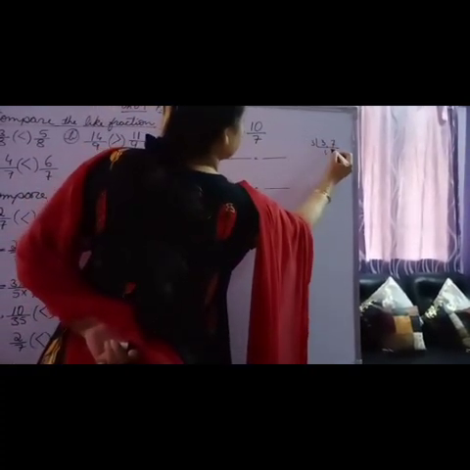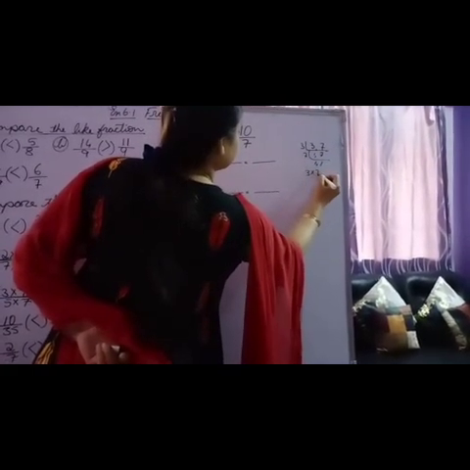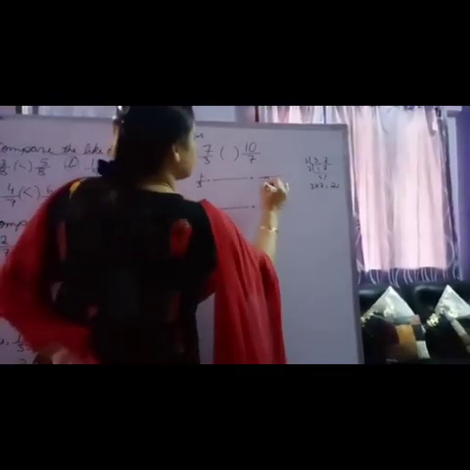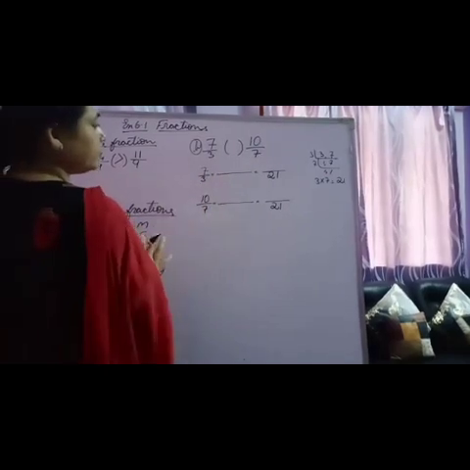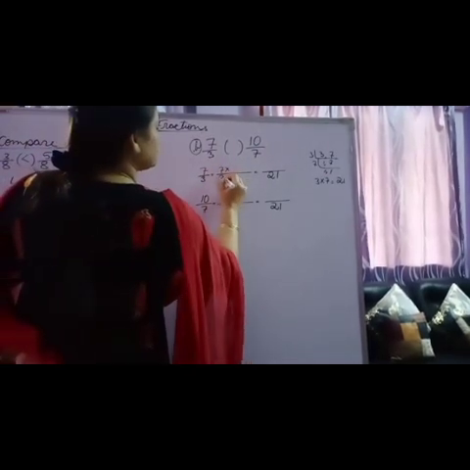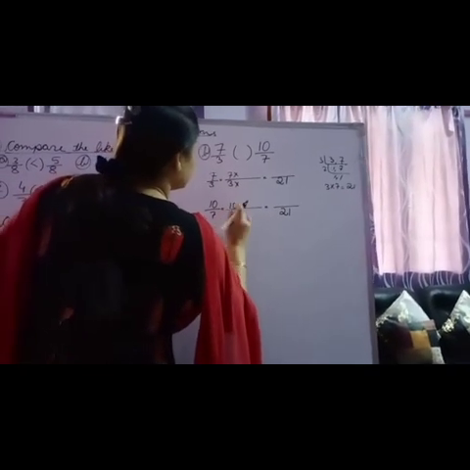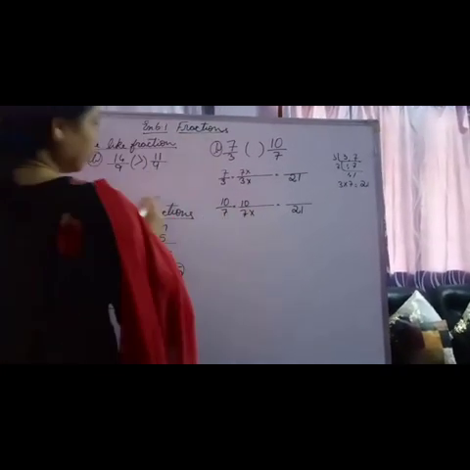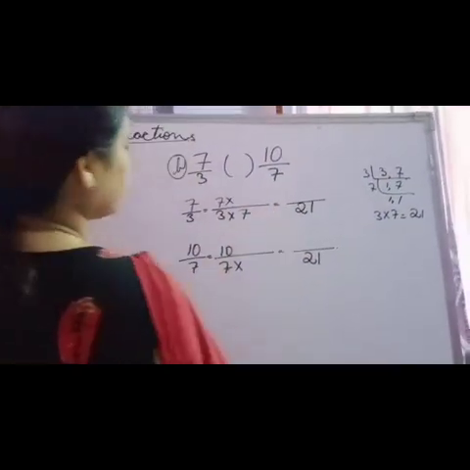These are again prime numbers, so if you find the LCM, you will get 21. So I will write here 21. These things I have already written. Now 7 into, 3 into, 10 into, 7 into. Okay, now 3 into what is equal to 21? 7.